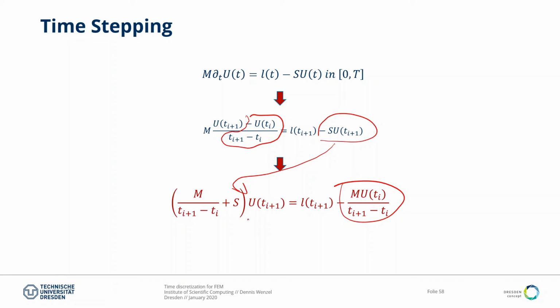Because in every time step t_i, I want to compute my next u of t_{i+1}. And I know u of t_i because that's my last time step. So this one I can compute, this one I know from the previous time step. This one over here I can compute because it's just a load. So I have some explicitly given function that I can evaluate.